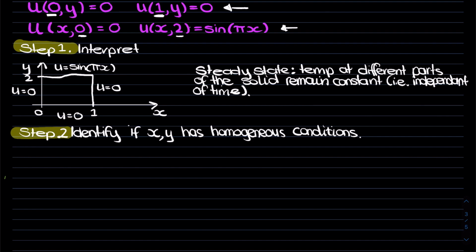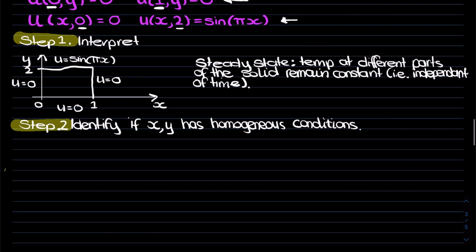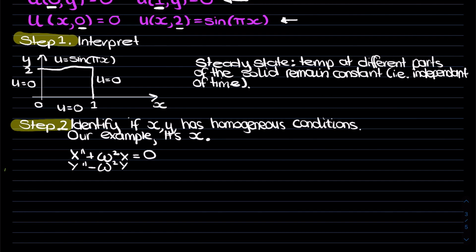So step 2. In our example, it's x that has our homogeneous conditions. So therefore, I'm going to write our 2 ordinary differential equations as this. Now I'm going to go through and do the whole process, but I'm just going to show you what I'm talking about now. Minus lambda squared y equals 0.